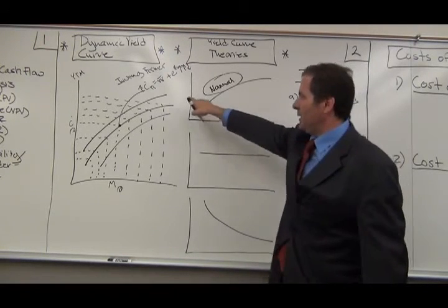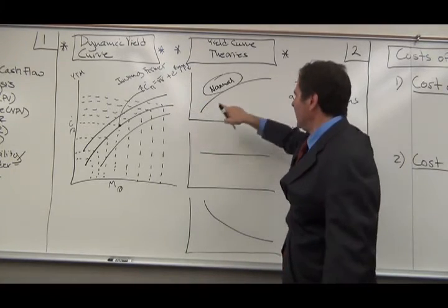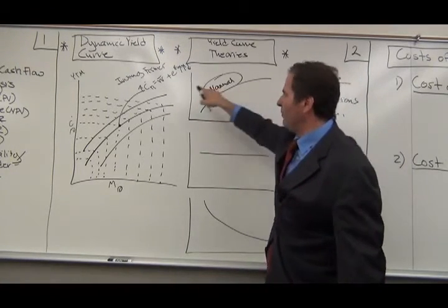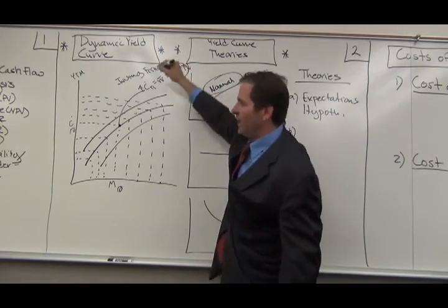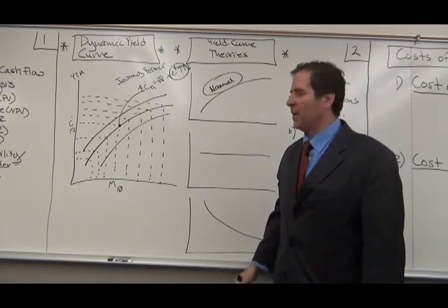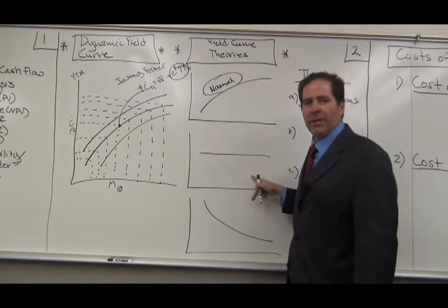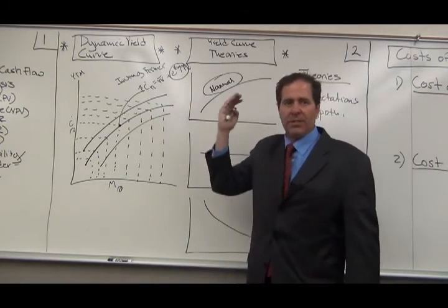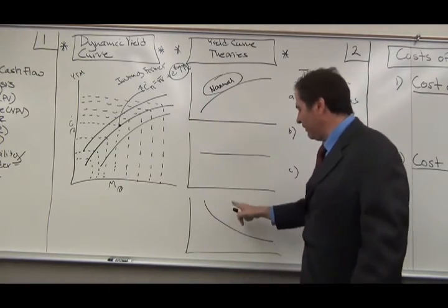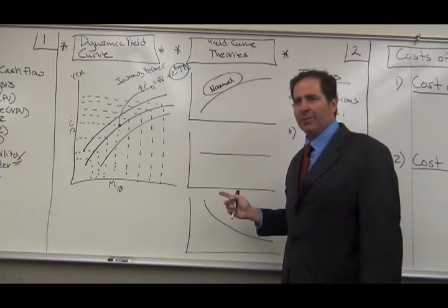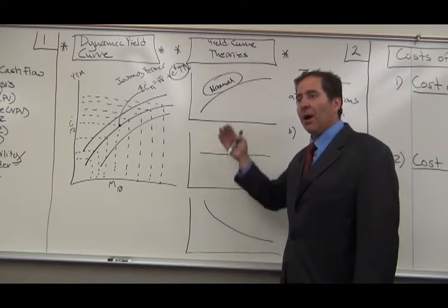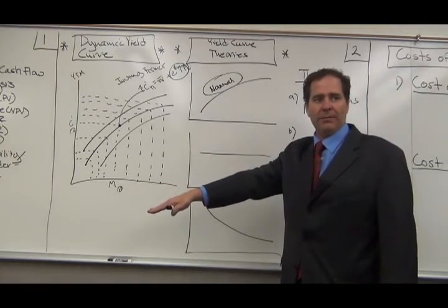To get back to the Fisher equation, in this case, an upward sloping curve means that inflation expectations are positive. In a flat yield curve, the expectations of inflation are zero. In an inverted yield curve, the expectations of inflation are declining or falling.